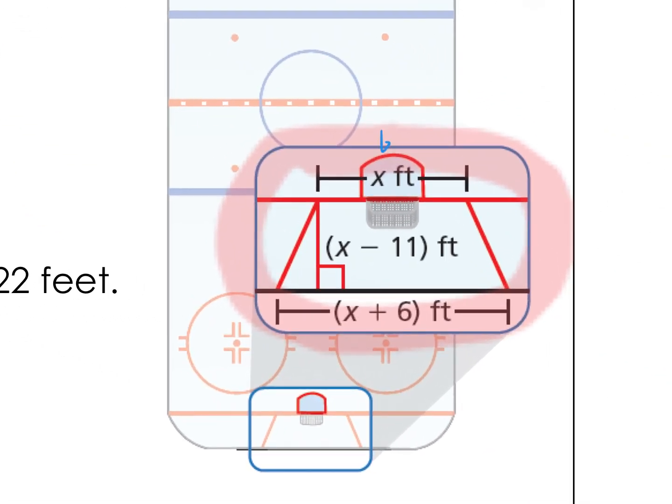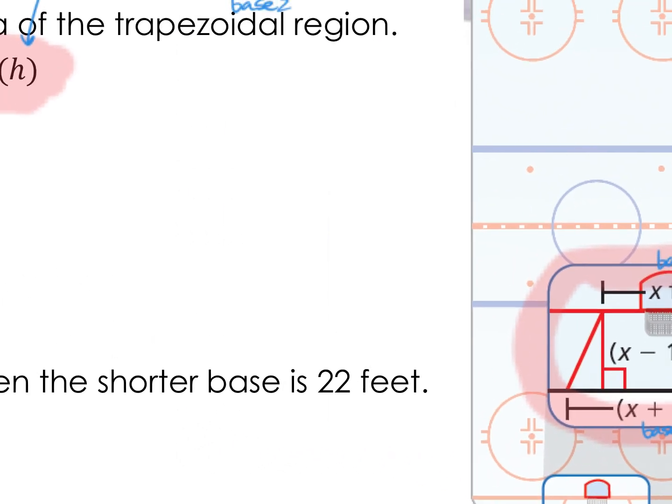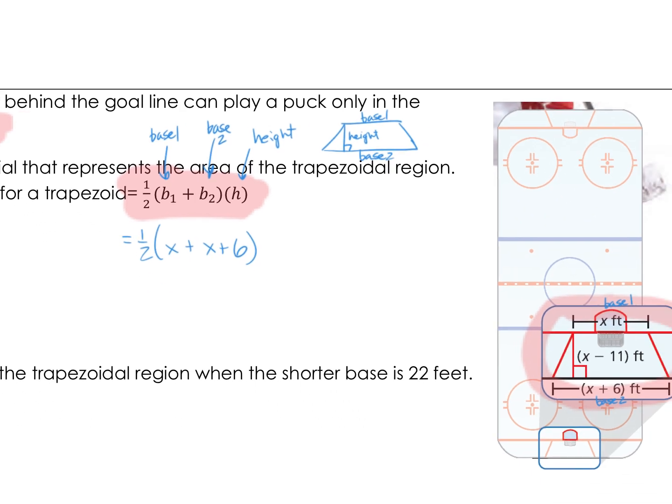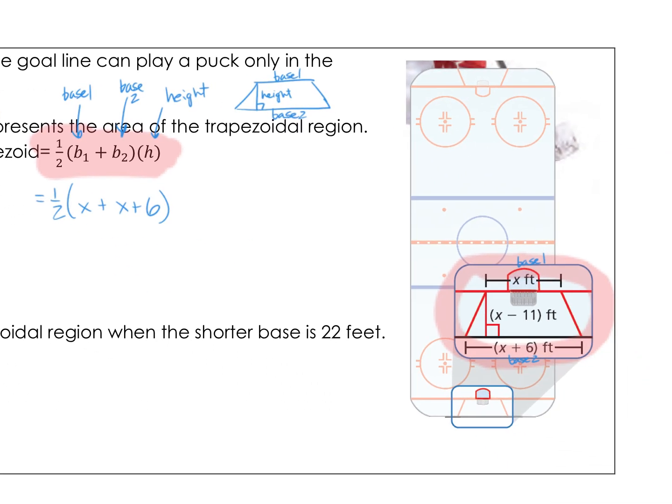But now I need the bases. So I'm going to call this x at the top my base 1. And I'm going to call this x plus 6 at the bottom my base 2. So it's going to be x plus x plus 6. That's the base 1 and base 2. We're adding those together. But now we're going to have to multiply by the height.